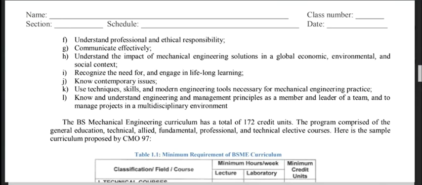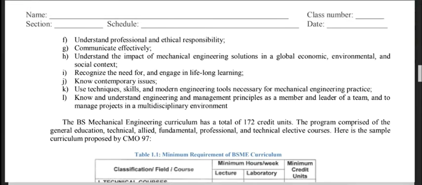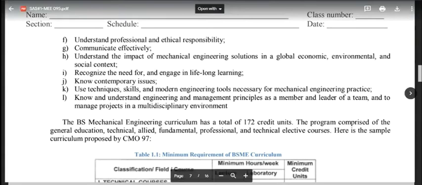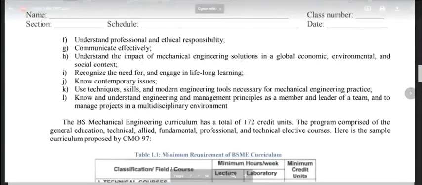Number 11, use techniques, skills, and modern engineering tools necessary for mechanical engineering practice. And then number 13, know and understand engineering management principles as a member and a leader of a team to manage projects in a multidisciplinary environment. So those are the program outcomes according to the CMO 97.